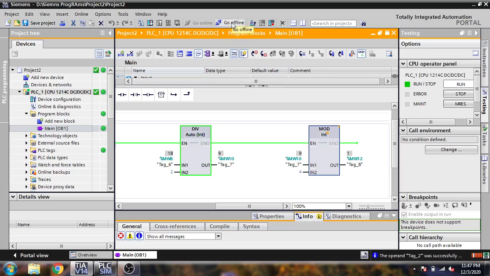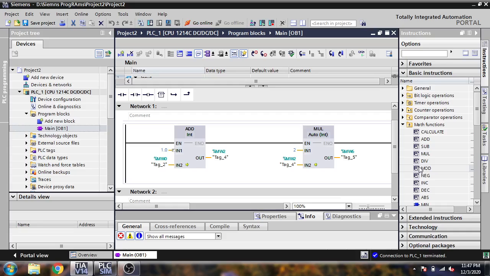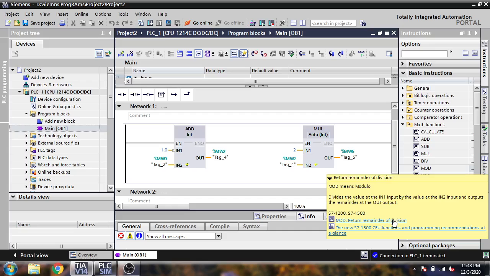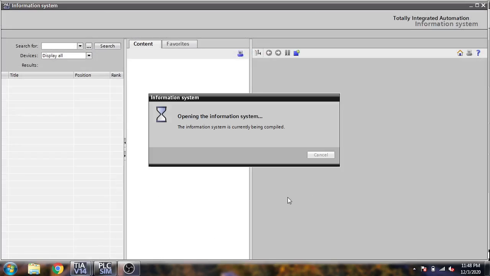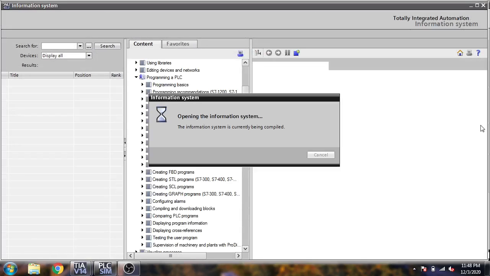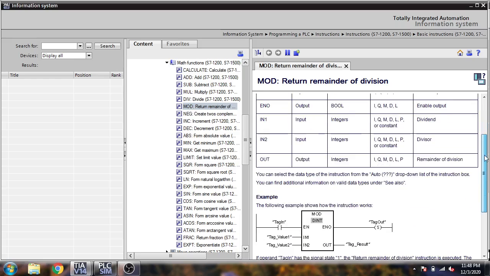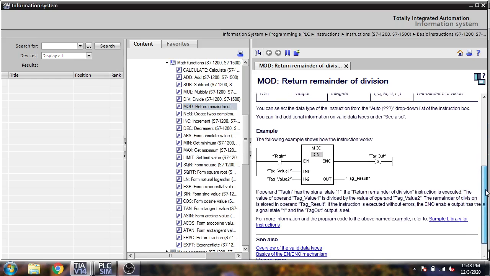I think I made a mistake in mod, so I will just check and read what the mod function does in our TIA program. I am going to select that mod and check the function.